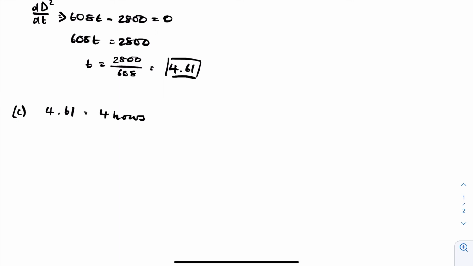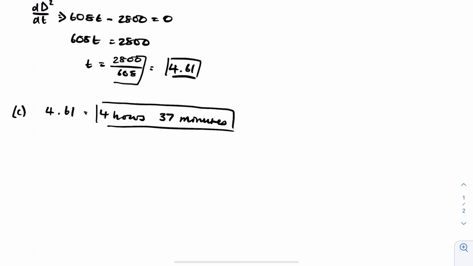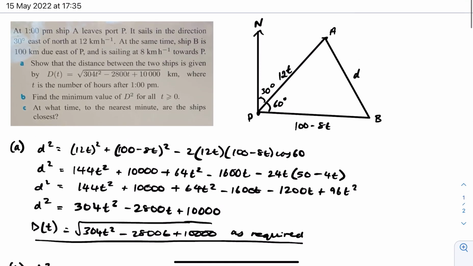And then in terms of minutes, if we do 61 over 100 times 60, we get 4 hours, 37 minutes approximately. So this is kind of rounding because obviously we have to express 2,800 over 608 more accurately. But if we use 4.61, it is 4 hours and 37 minutes afterwards.